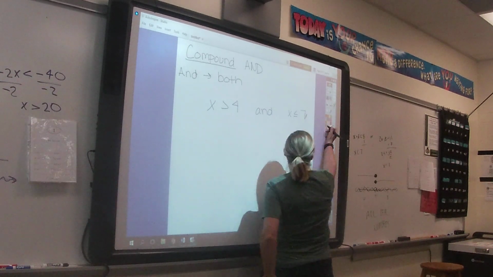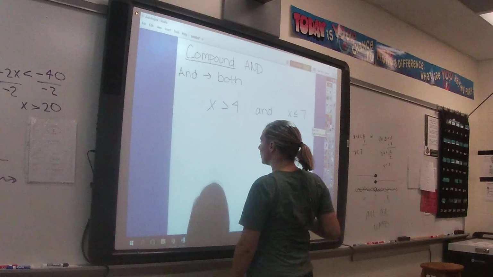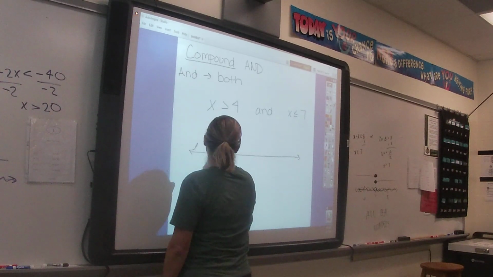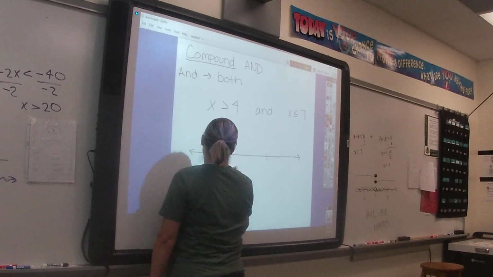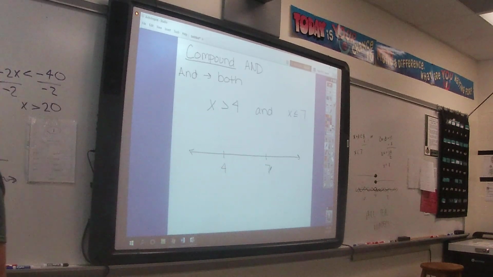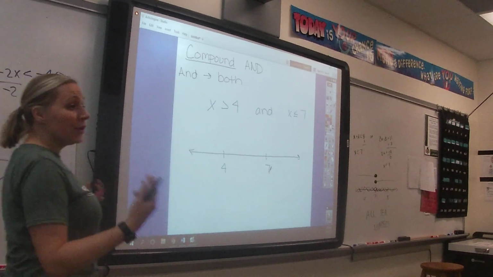And we're going to start with the exact same process we started with yesterday. So we're going to create a number line. How many numbers are we going to put on our number line? 2. Okay, and then we're going to start by graphing above the number line.